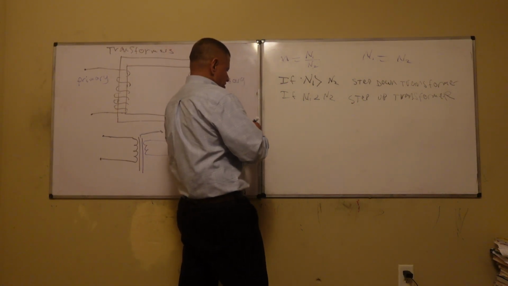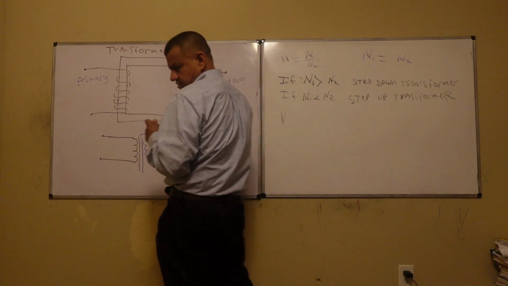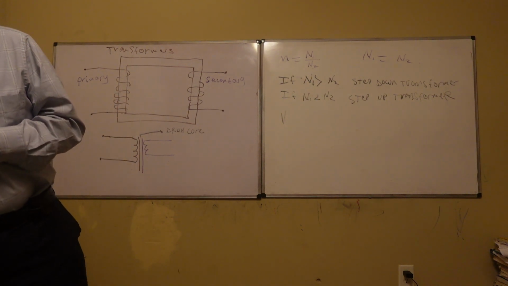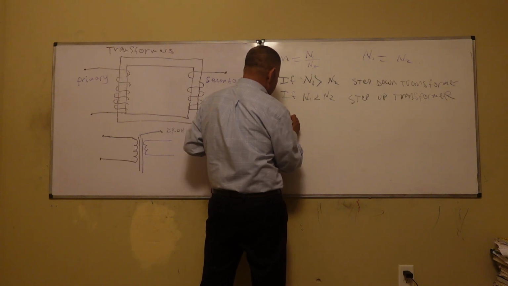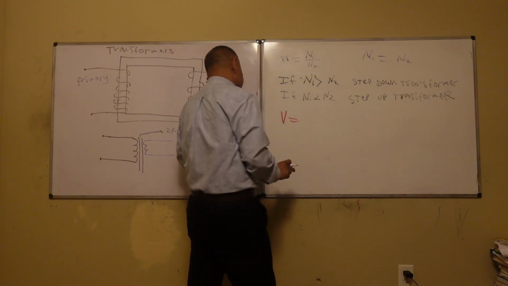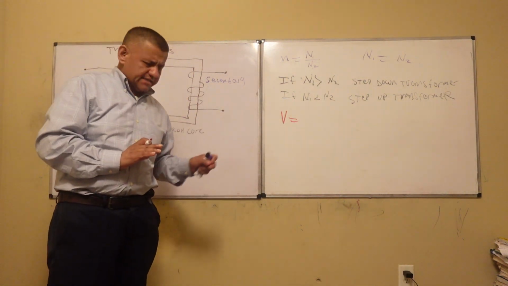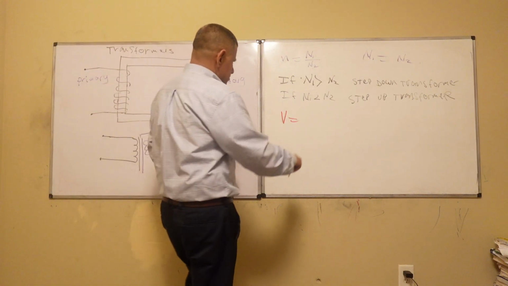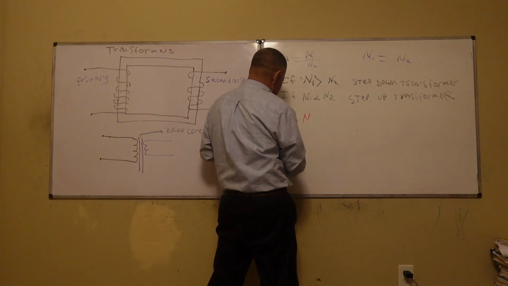So V is equal to the change in flux multiplied by N1.